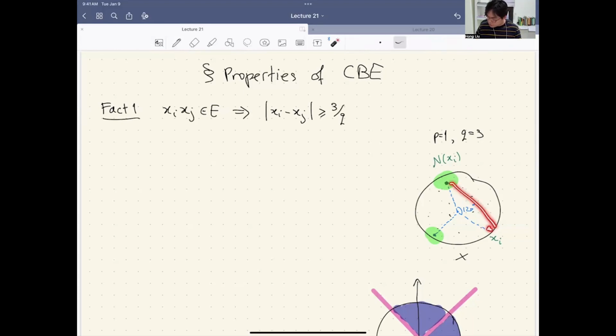If they form an edge, they cannot be too close. Later we will show that if you have a K_{q+1}, then two of them must be very close to one of these corners. But then they contradict this fact. Okay, so how do we prove this?